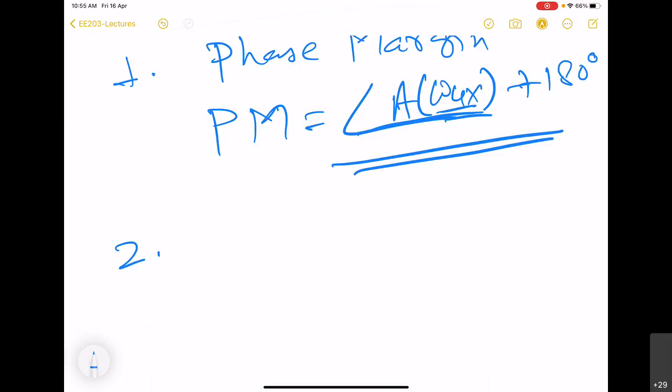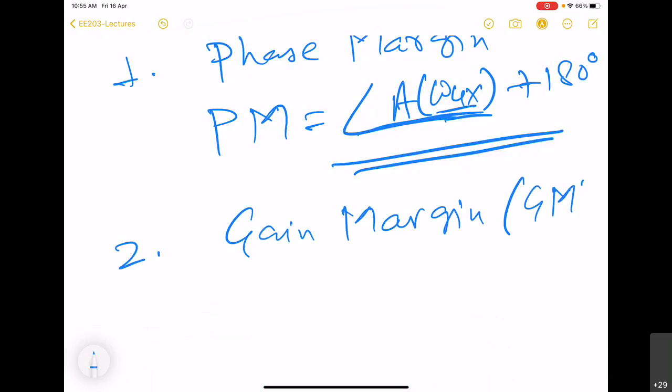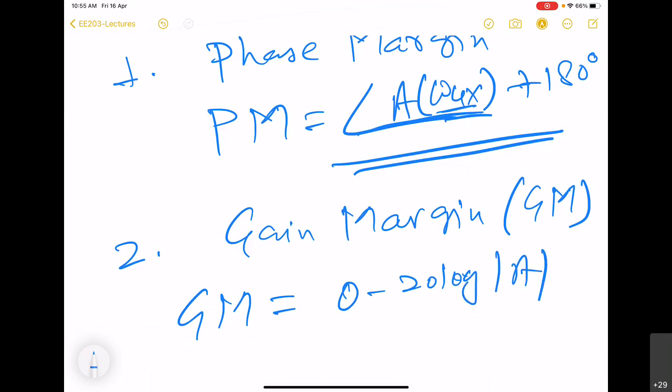The second parameter that we use to again convey the relative stability is gain margin. Gain margin is defined as 0 minus 20 log of the magnitude of A, or rather beta A. Let us see what exactly this quantity says and how it conveys relative stability.